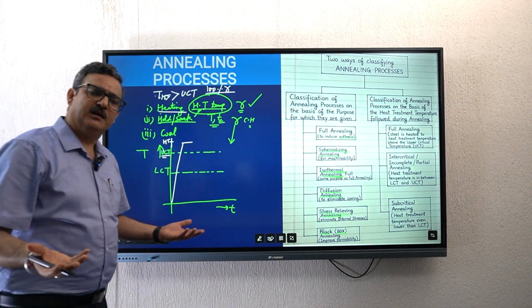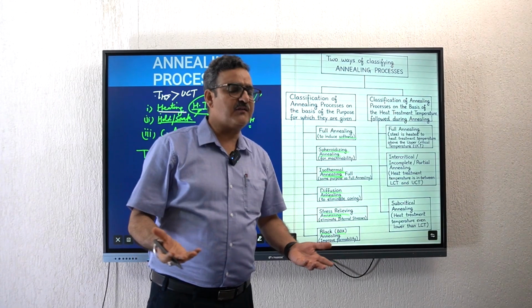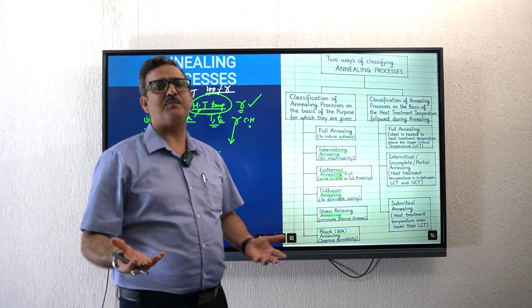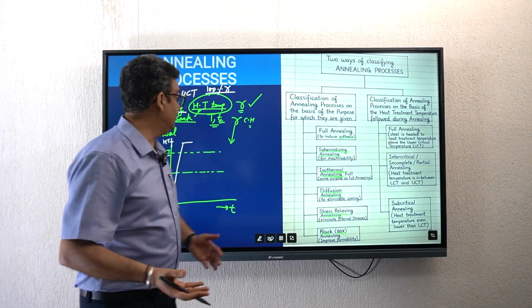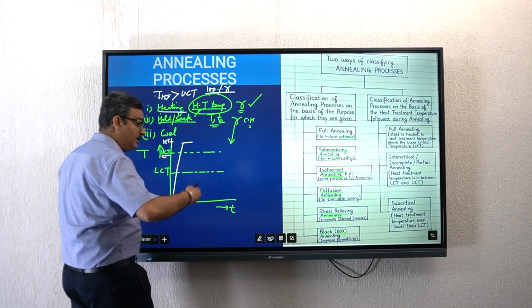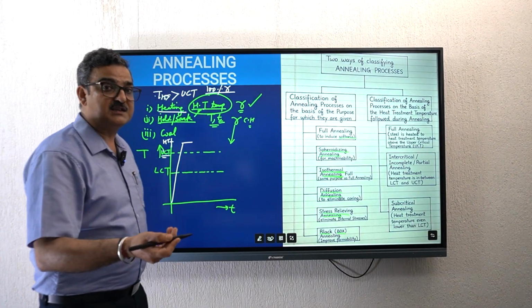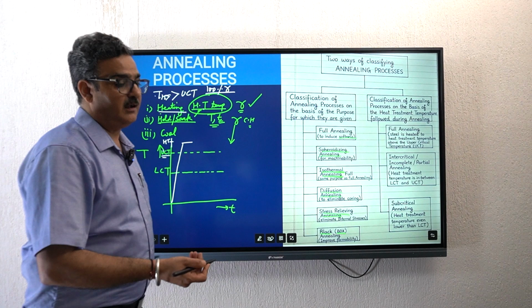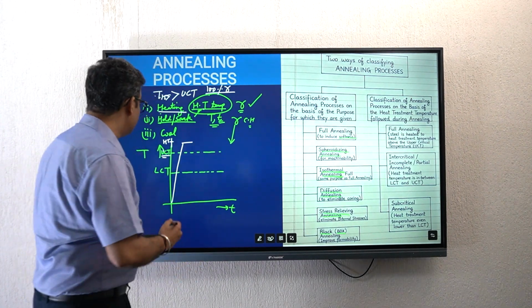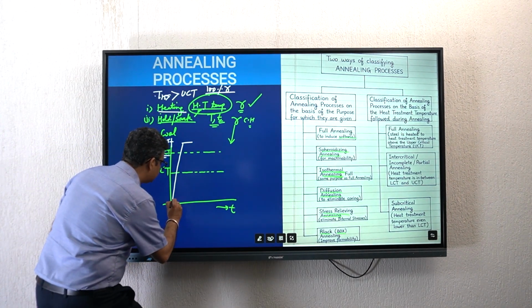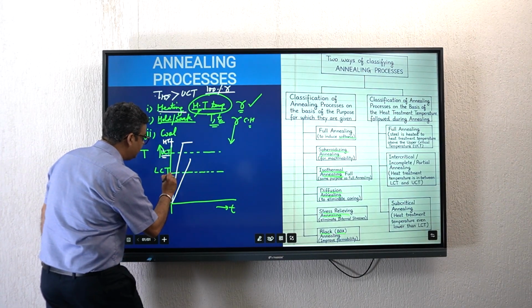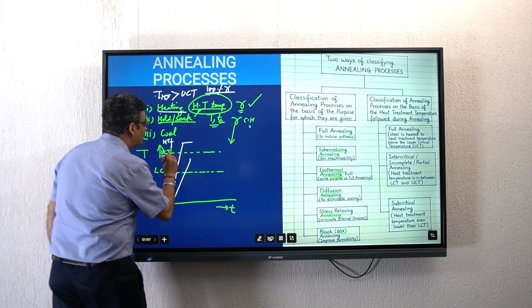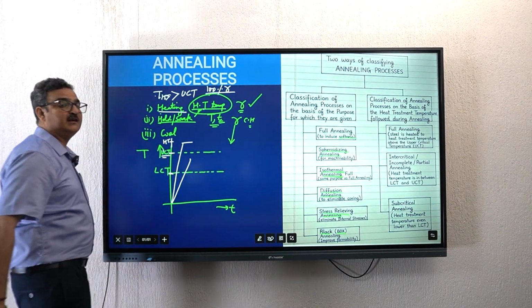But there would be annealing treatments where we would not take a heat treatment temperature which is in excess of the upper critical temperature of the steel. There will be cases which I'll discuss with you in the upcoming lectures, where the steel is being heated to a heat treatment temperature which is above the lower critical temperature, but below the upper critical temperature.